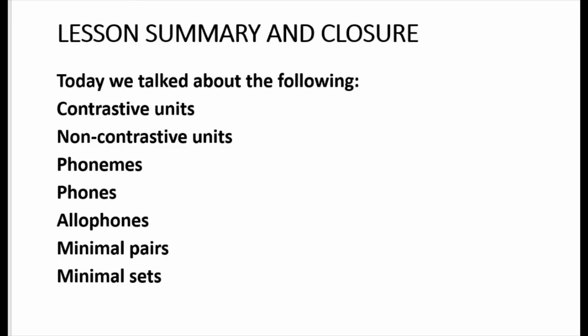And so we moved on also to talk about several terminologies, what we call free variation. And we said free variations are sounds, even though they are phonemes, but when we change them in a word, they will not bring about a change in meaning. And that one too is not cross-linguistic. It's very few languages that have such phenomenon in them. And we've talked about what minimal pair is and what minimal set is.